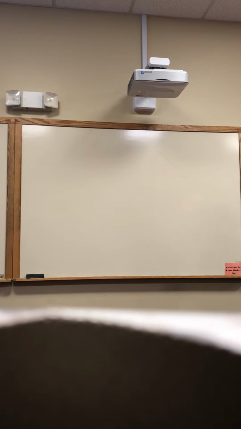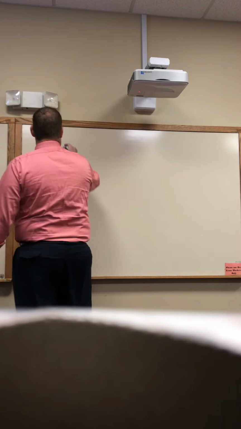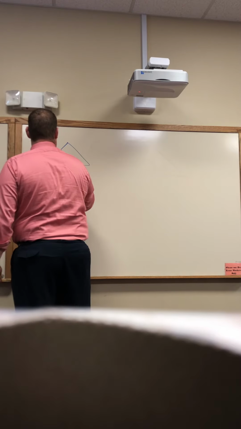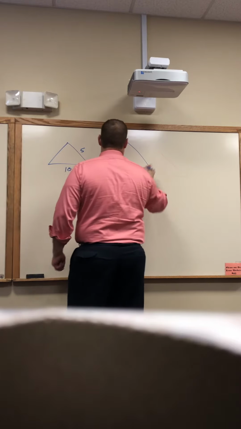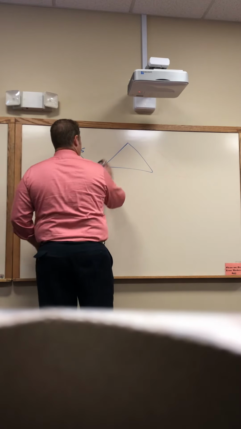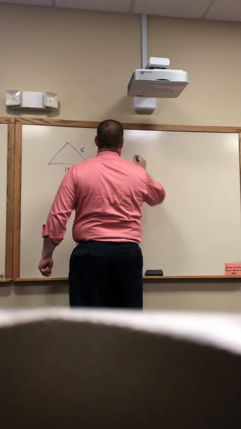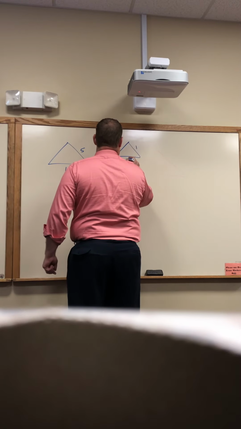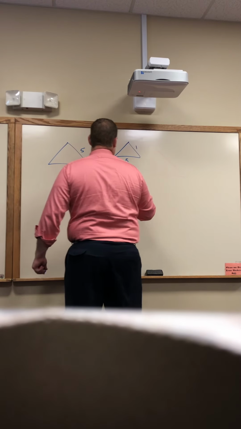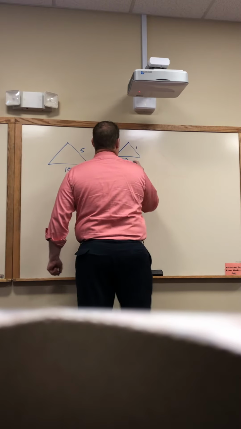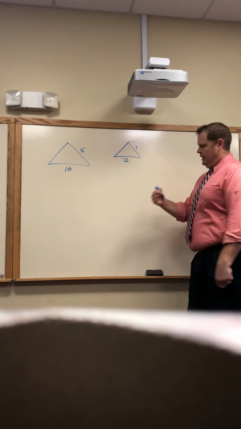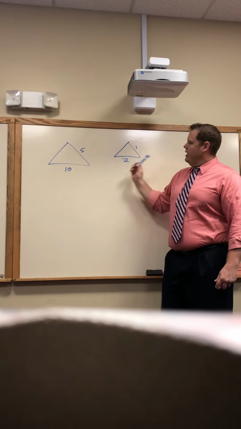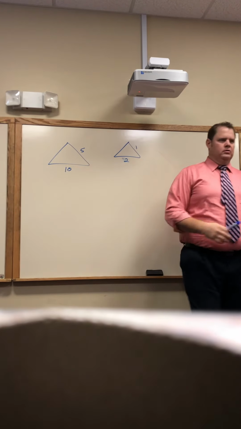Okay? So if you have, let's say that I have, all right, so watch carefully. Let's walk through this together. I know it might not be perfect, but let's just think about it together. What if these two triangles are similar?